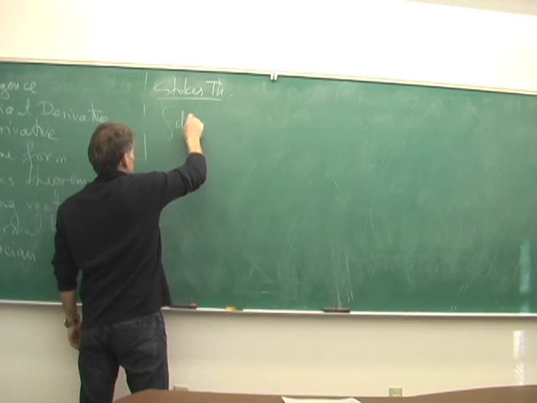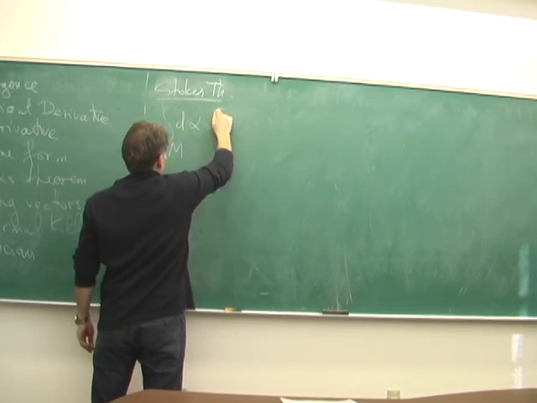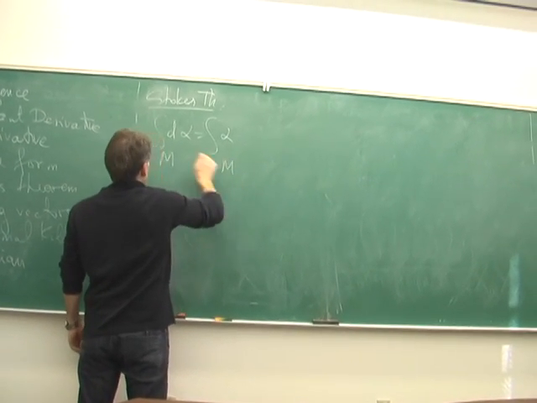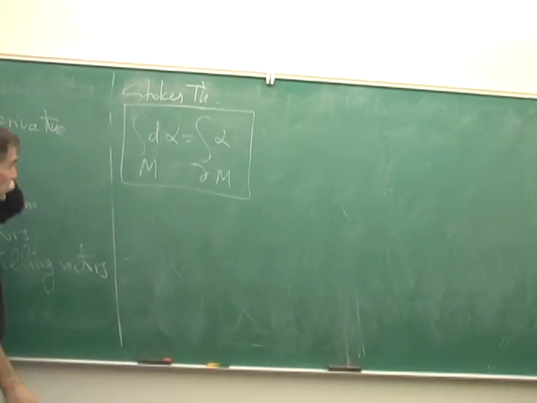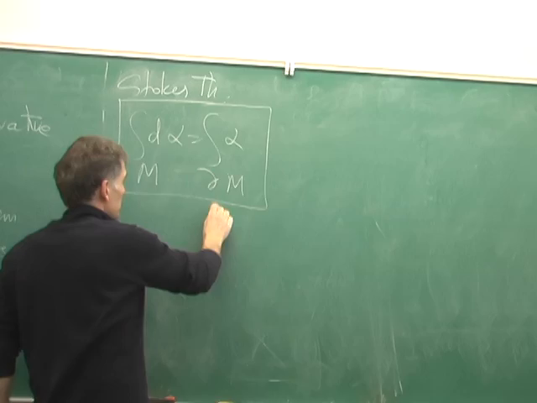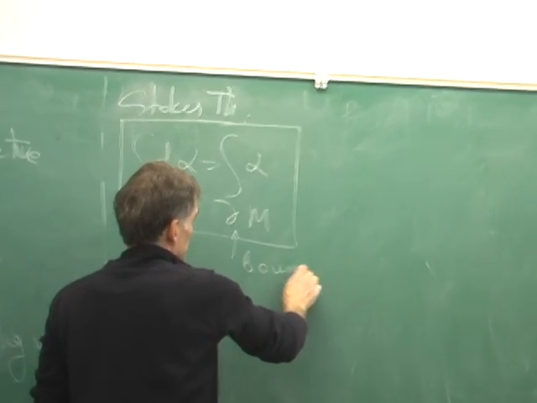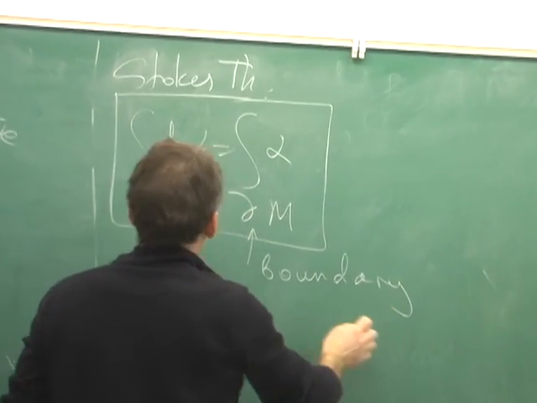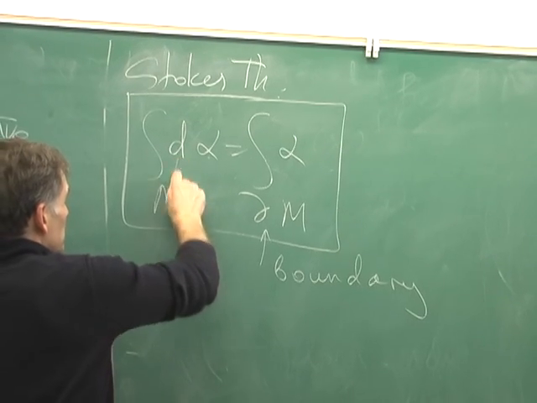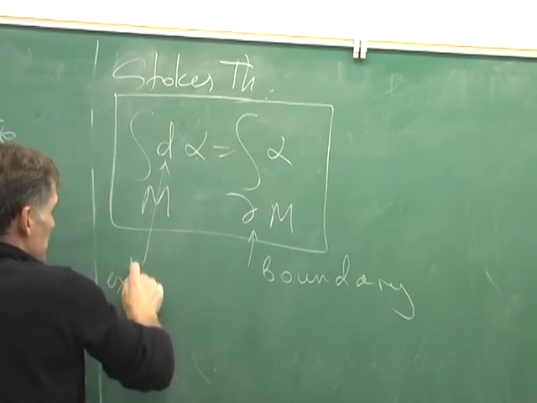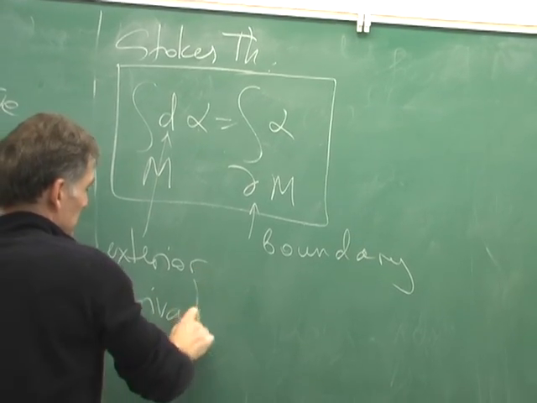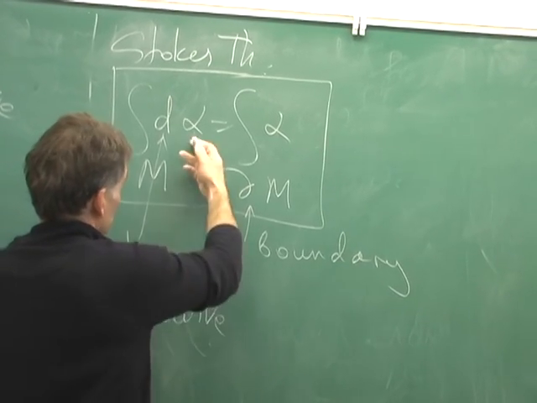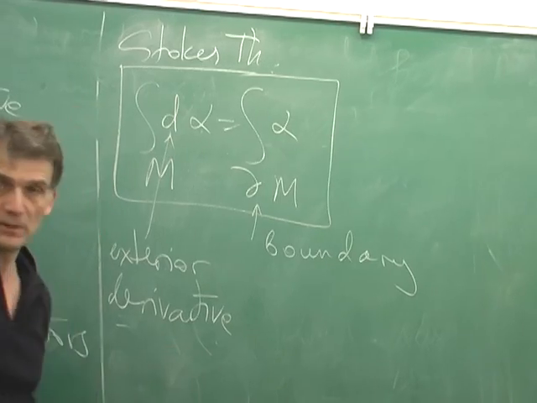It looks like this. Very simple. Where M is the manifold, that's the boundary. This is the form. This one is the exterior derivative. And that's some form.